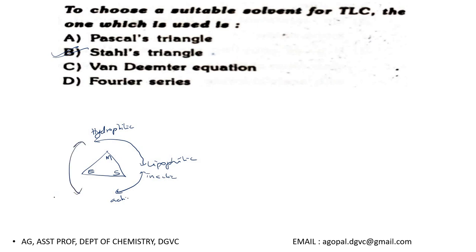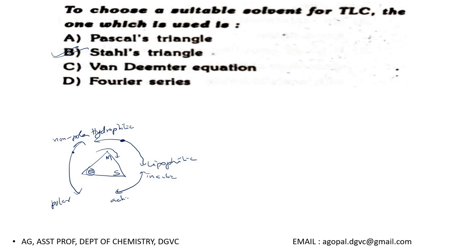The eluent can be either polar or non-polar. Suppose your mixture has a property here; you have to turn the triangle and keep it exactly straight to the point, and then note where the E is facing. If E is facing here, then your solvent should be more non-polar in nature and less polar in nature. So to choose a solvent for TLC, we use Stahl's triangle, and the correct option is B.